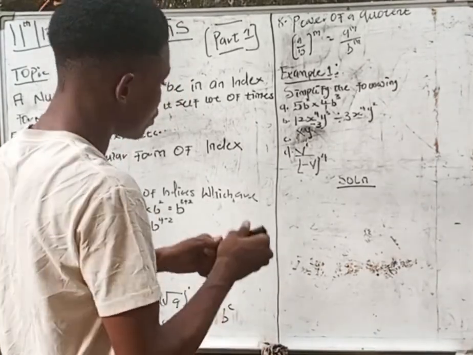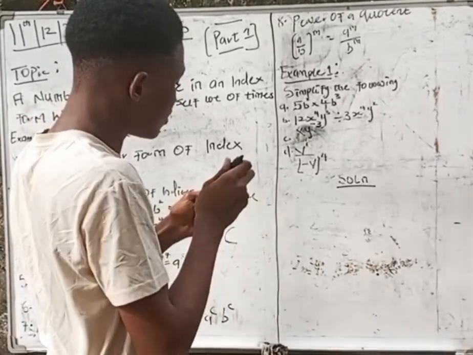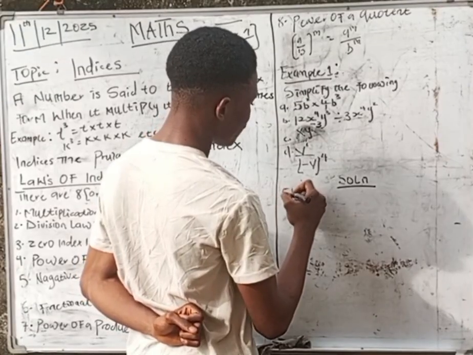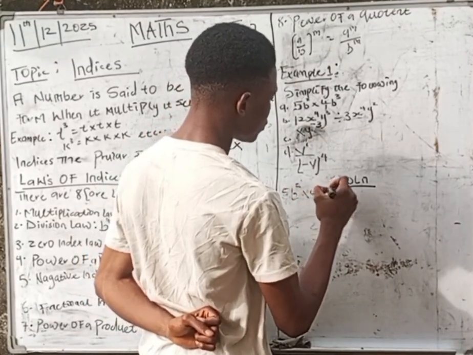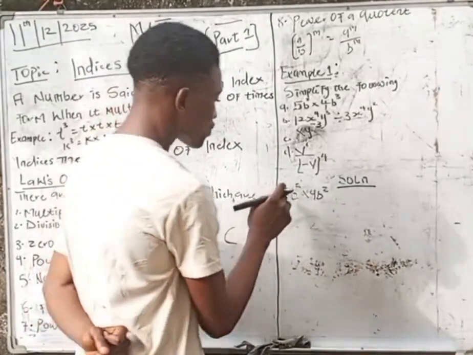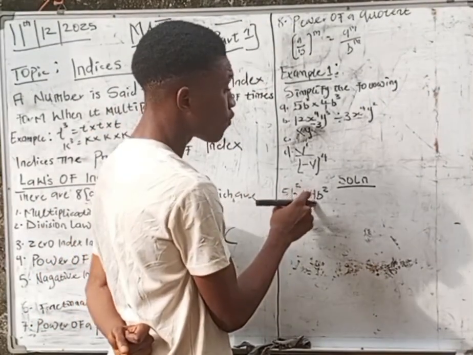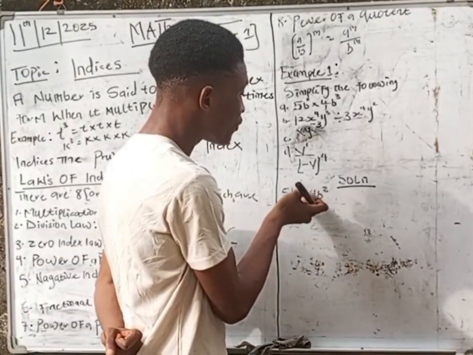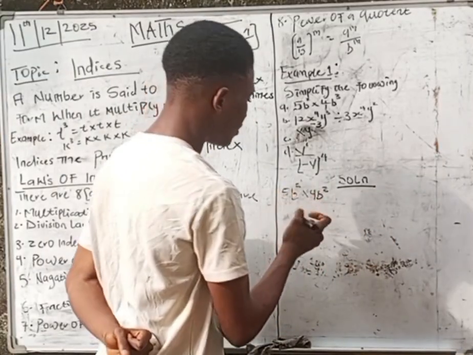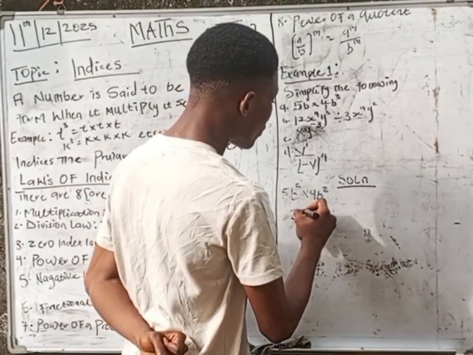So we go. The first example, 5b square times 4b square. This 5 and this 4 do not have the same base, so we multiply them because of this sign that is here. Multiplying them, we have 20.